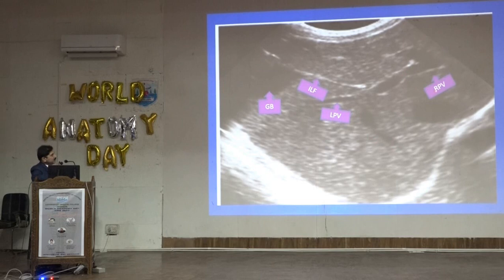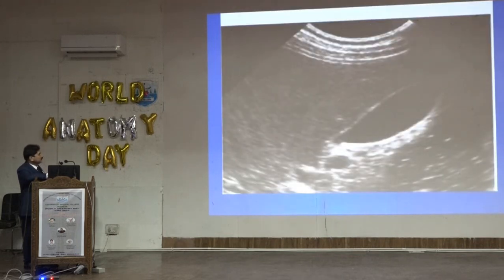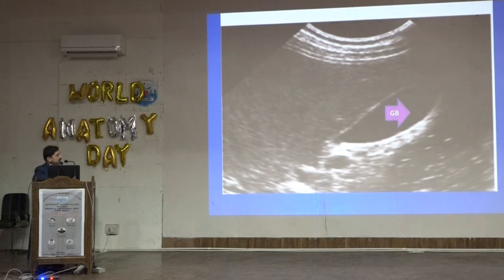So this is the right portal vein, a branch from the right portal vein, a branch from the left portal vein, and this one of the hepatic veins. The walls of the portal vein are hyperechogenic. Now everybody can appreciate this gallbladder filled with fluid.